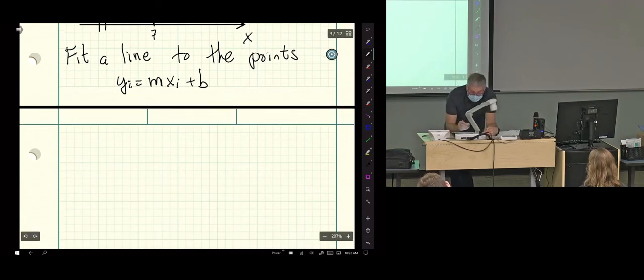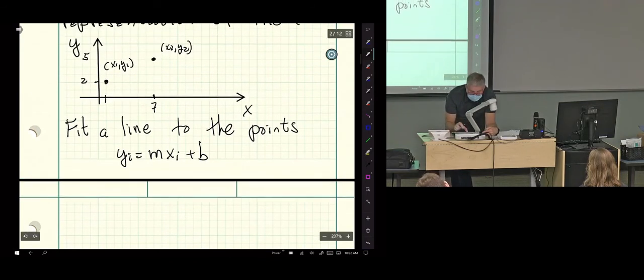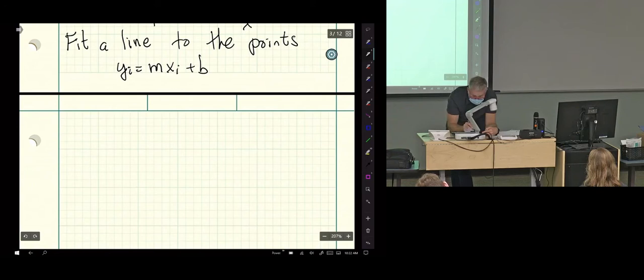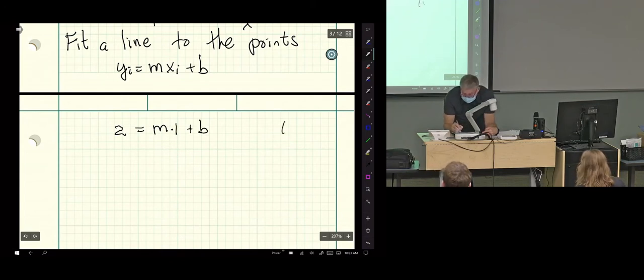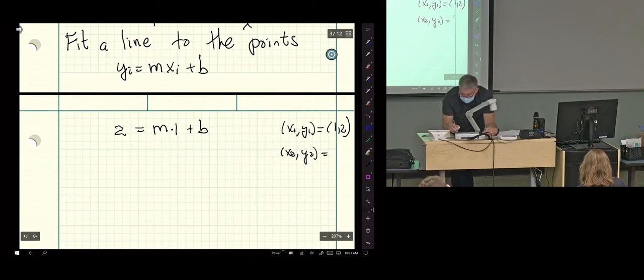But if I were to write this down, the first set, we know that y is 2, m is unknown, the x1 was 1 plus b. So this comes from x1, y1 equals 1, 2. And I'll write down my other point, x2, y2, and that was 7, 5.